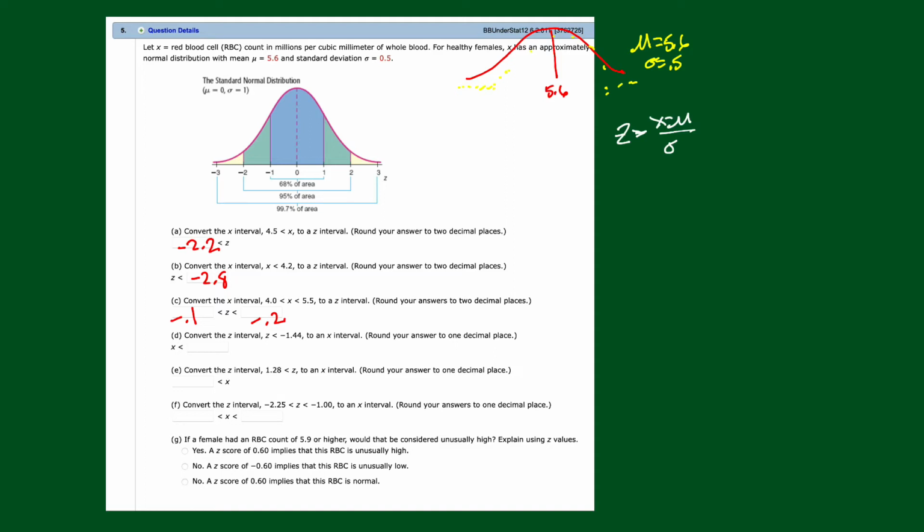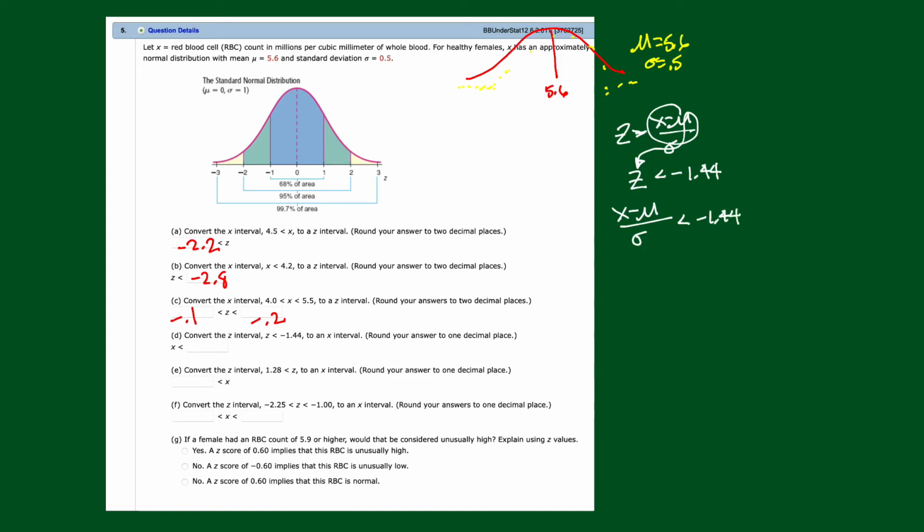I know z is less than negative 1.44, so x minus mu divided by sigma is going to be less than negative 1.44.